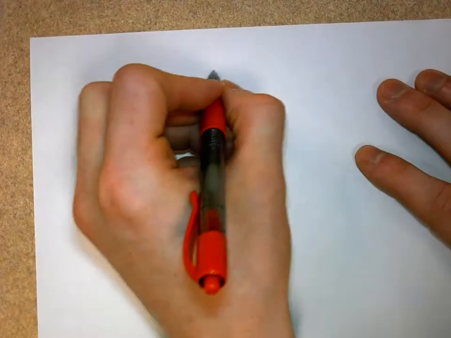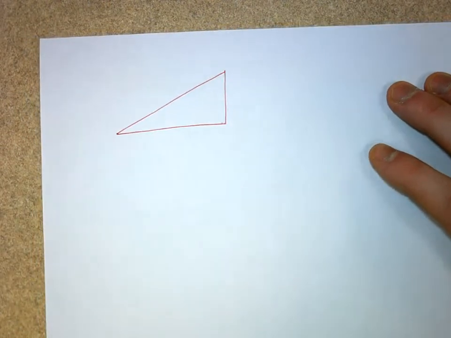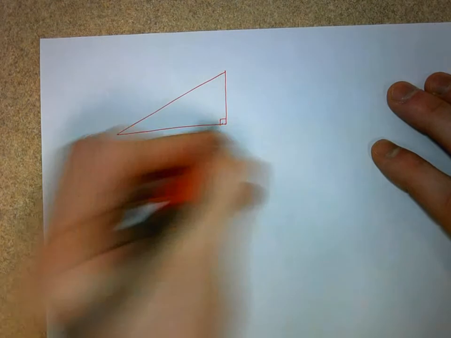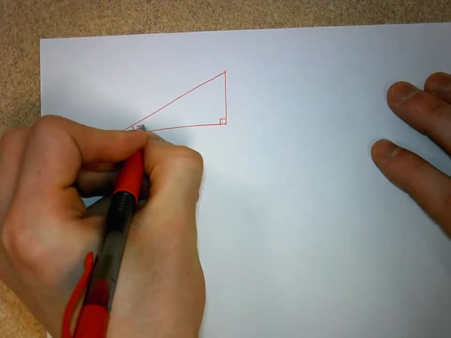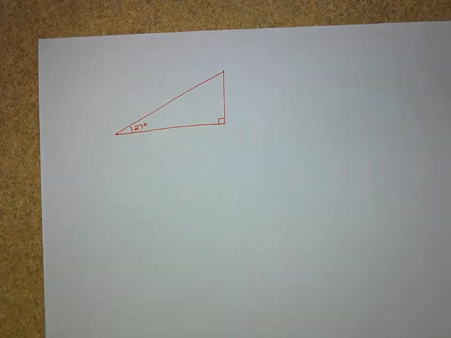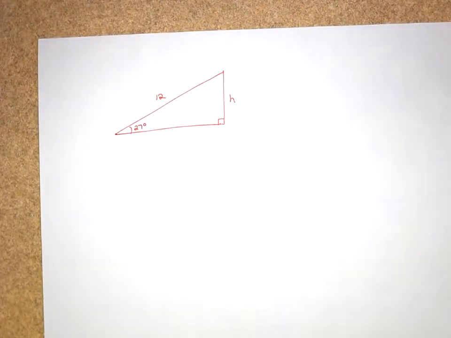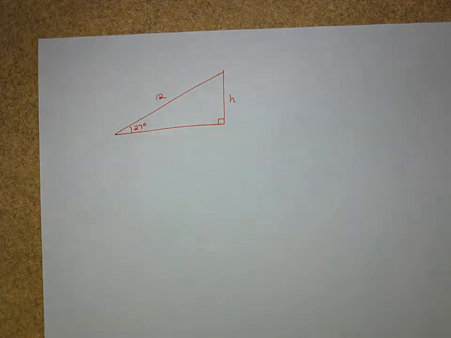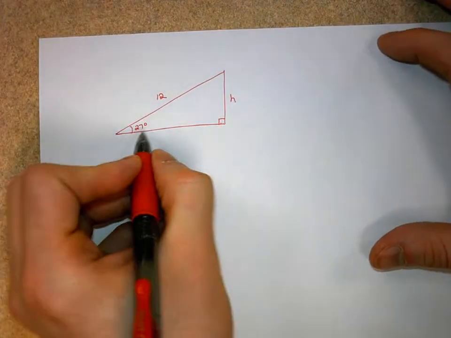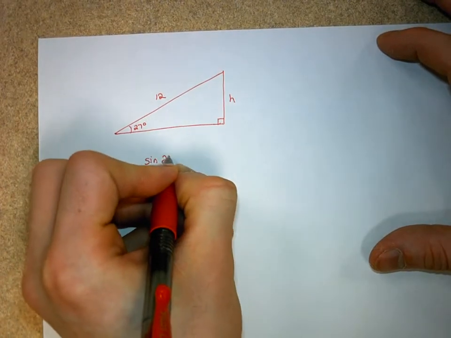I'm going to give you a very simple example of a right triangle. If I give you this angle is 27 degrees, and the hypotenuse is 12, what is the height of this triangle? You'd solve this by saying, I'm given the opposite and the hypotenuse, so I'm going to use the sine.